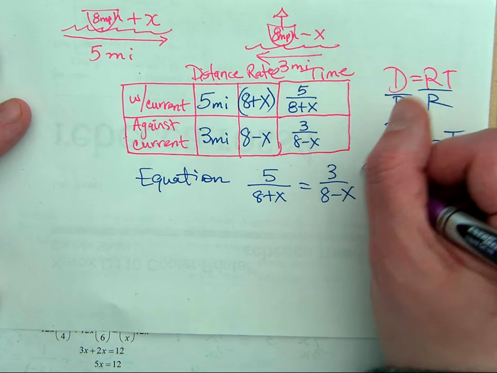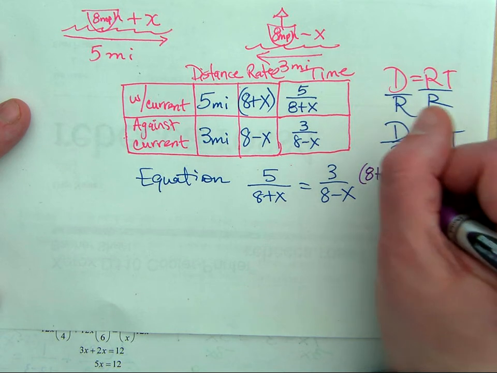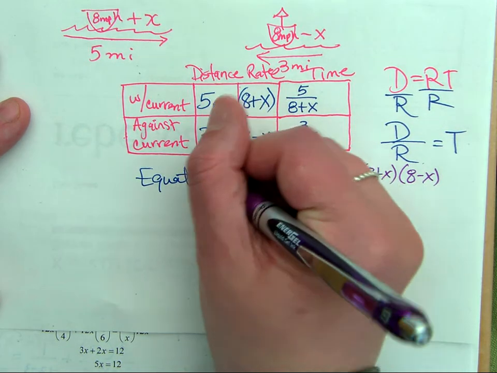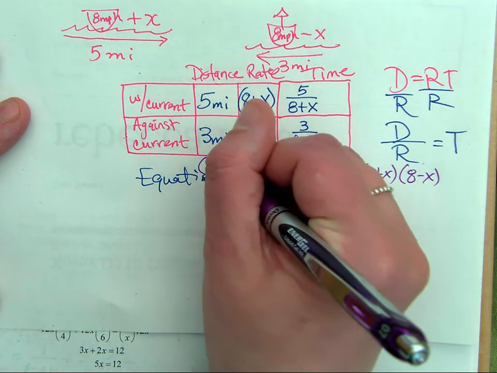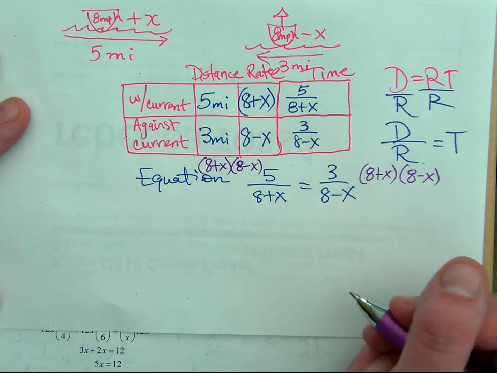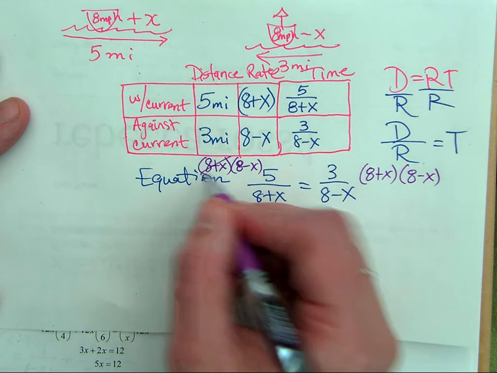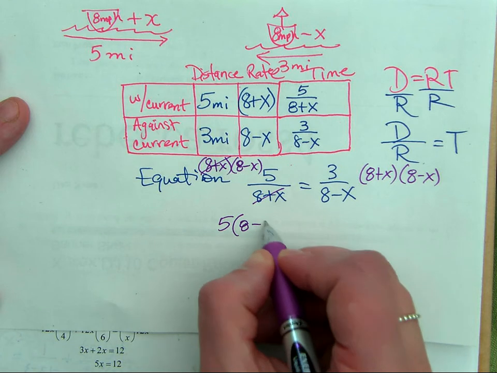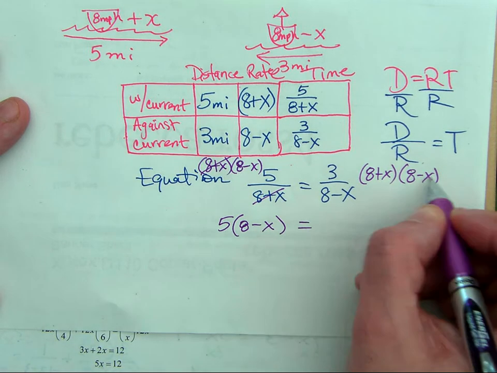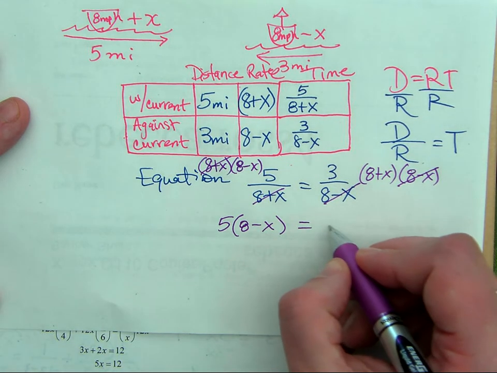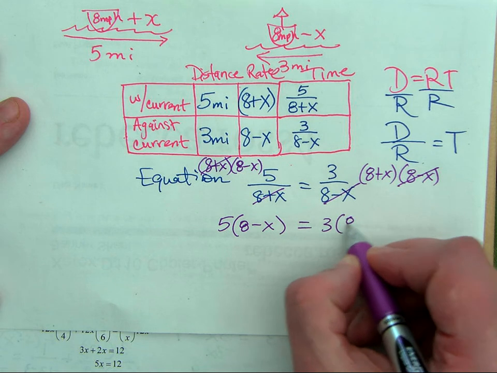So if you multiply this side by 8 plus x times 8 minus x, and you do the same thing on the other side, then what cancels? So you're left with 5 times 8 minus x equals, and then what cancels over here? Yep, and then we have 3 times 8 plus x.